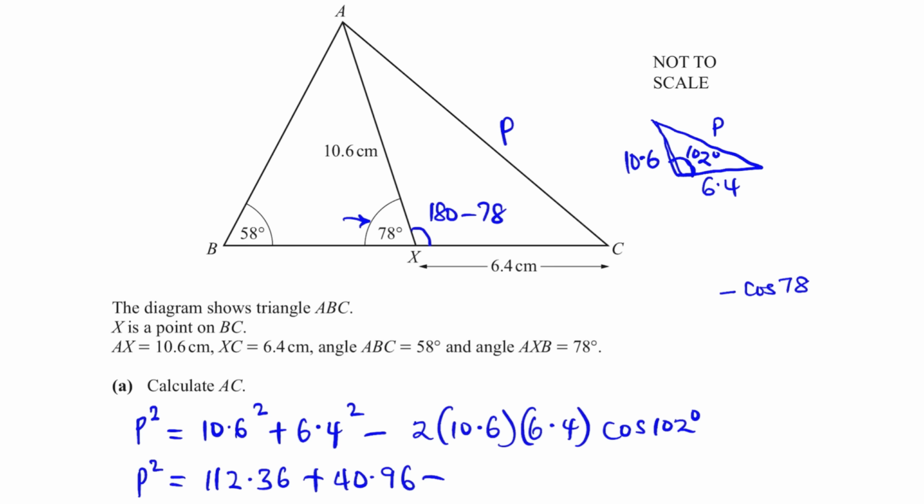So instead of writing minus here, I'm going to write plus because of this change. So this will be plus 135.68 cos 78.